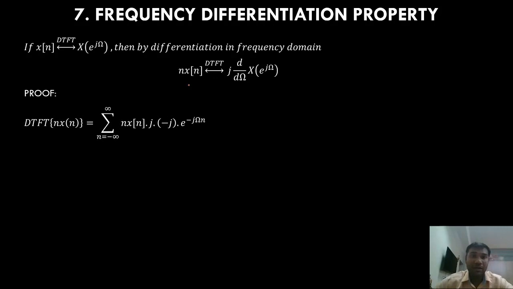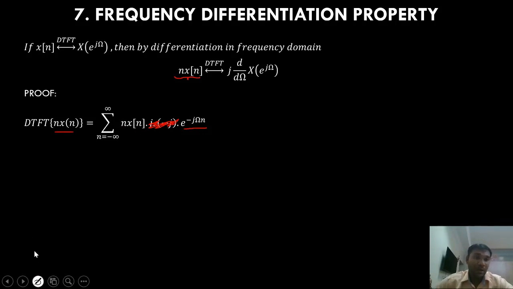I will take the DTFT of my time domain signal n into x of n, which is summation from minus infinity to infinity of n into x of n into e power minus j omega n. This is my analysis equation, my time domain signal multiplied by e power minus j omega n.